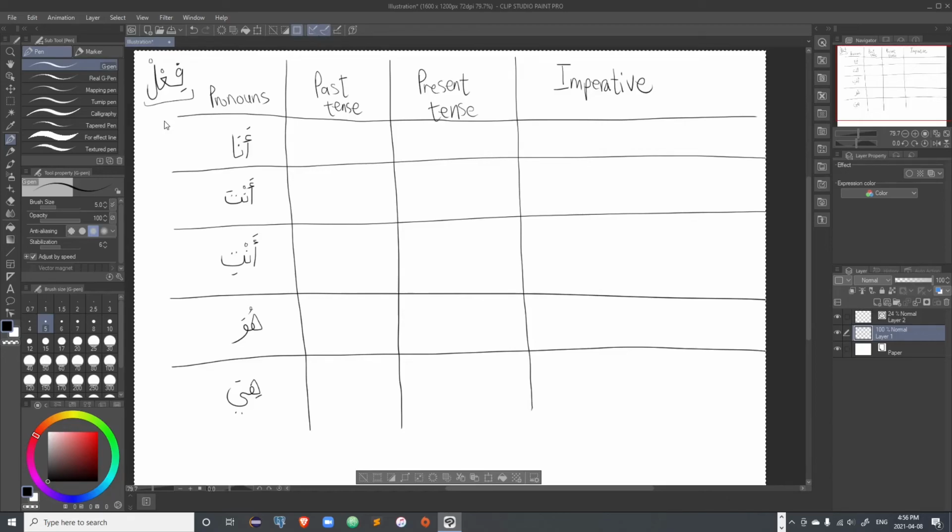I believe it is called the consonantal root, if I recall the name correctly. So what you need to do firstly before you start conjugating is finding the root of the verb. Normally, for you to obtain the root of the verb is simply switch it to its past tense or switch it to its noun, because some verbs in the past tense differ from the noun, so the root would differ.